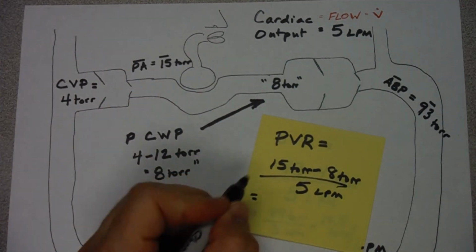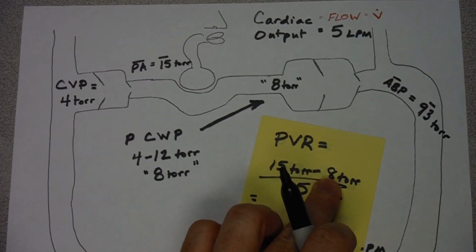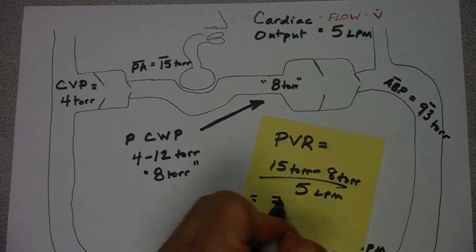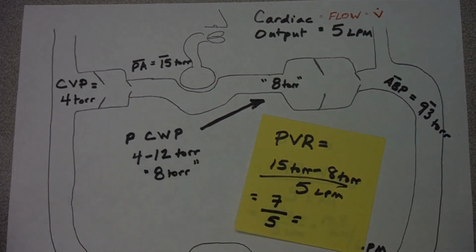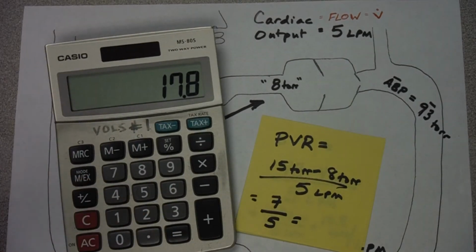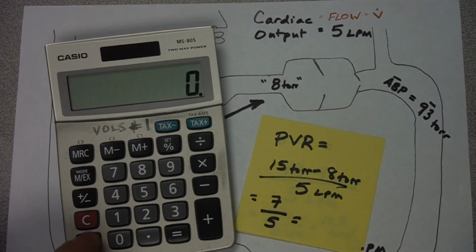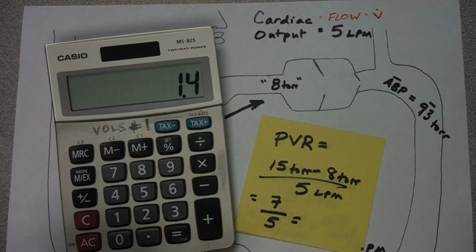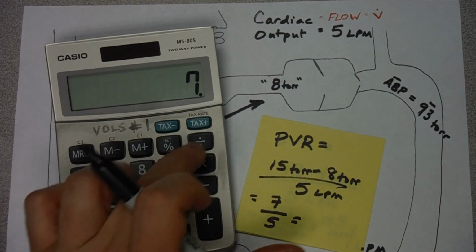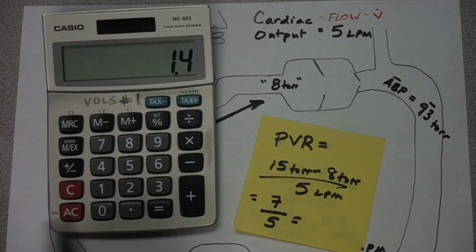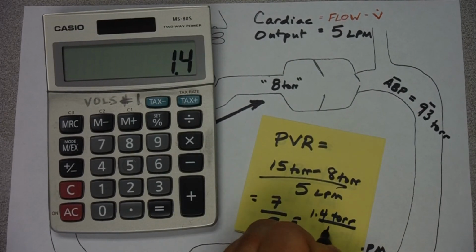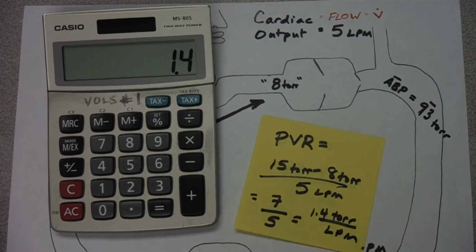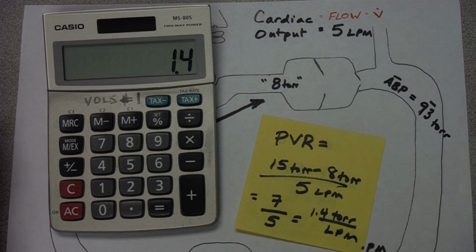Pretty easy. You do the math. 15 minus 8 is 7, over 5. 7 divided by 5 is 1.4. There you go. 1.4 torr over liter per minute. And we've solved for PVR.